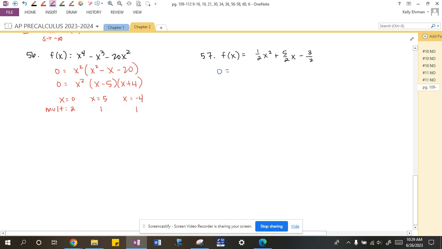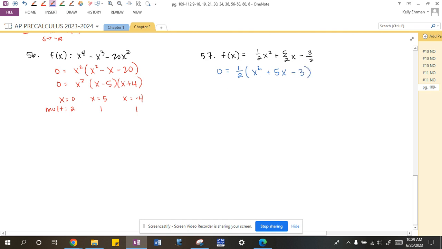You have two ways of thinking of this. You can say I'm going to factor out a 1/2. When you factor a 1/2 out of everything, it's the same as saying I'm going to multiply each term by 2. So if I factor the 1/2 out of the 1/2 x squared, that's x squared. If I factor 1/2 out of 5/2, I get plus 5x minus 3.